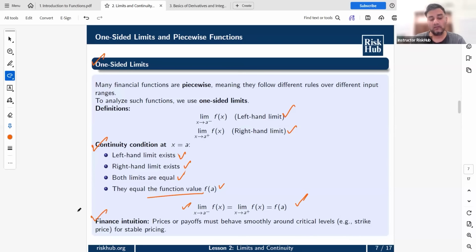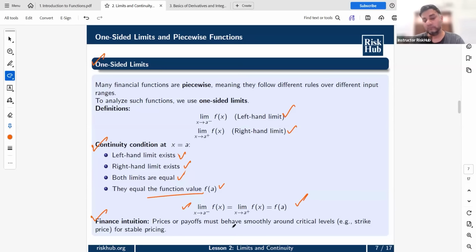And why do one-sided limits matter in finance? Because many financial functions are piecewise functions. We have seen what a piecewise function is, right? Like your option payoffs, your tax structure, your transaction costs, where different formulas apply in different regions. So we can use one-sided limits.